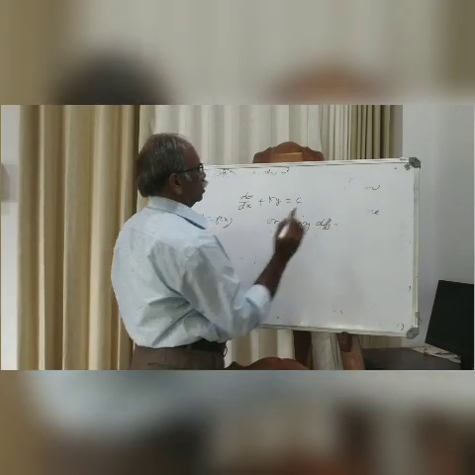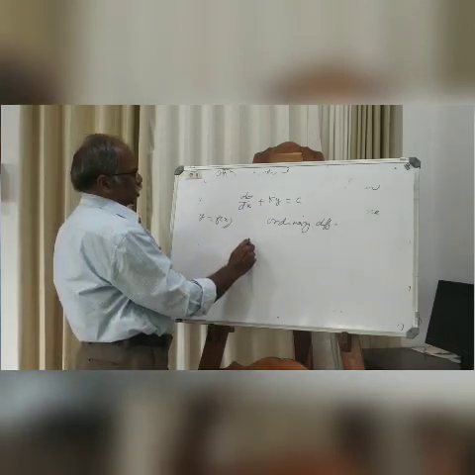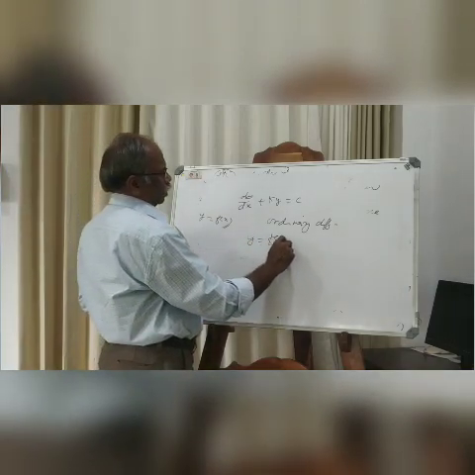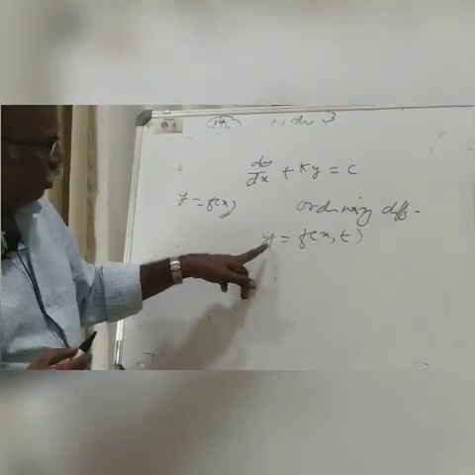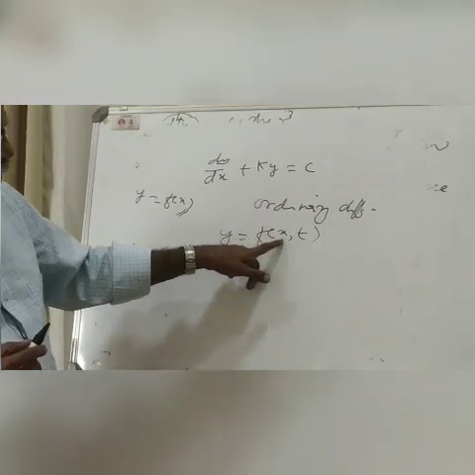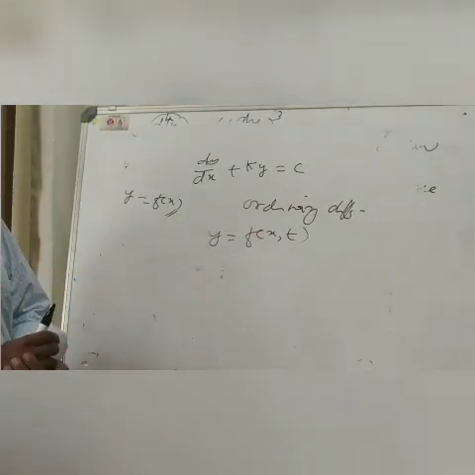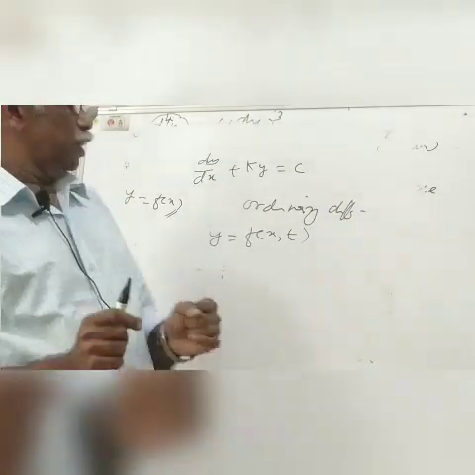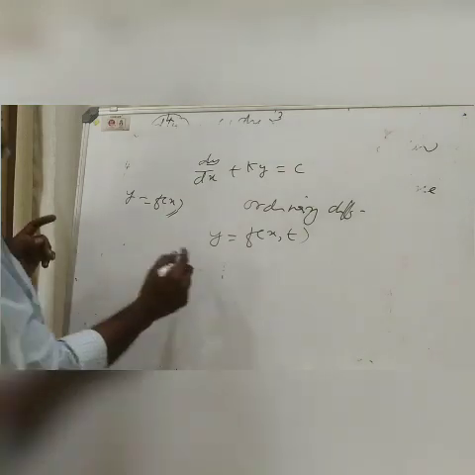Now, what is meant by partial differential equation? For partial differential equation, there are more than one independent variable. For example, y is a function of x and t. Two independent variables are there, x and t. Whenever two independent variables are there, we have to differentiate this partially. What is meant by partial differentiation?